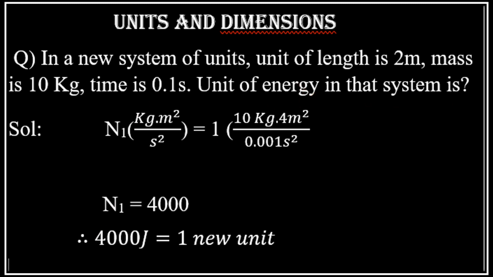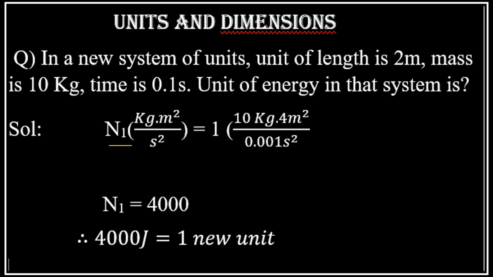Energy equals 1 joule, and length is represented by 2 meters, mass by 10 kg, and time by 0.1 second. By substituting here, n1 is the value of energy in one system, kg meter square by s square. We should find this n1. This is the new system.